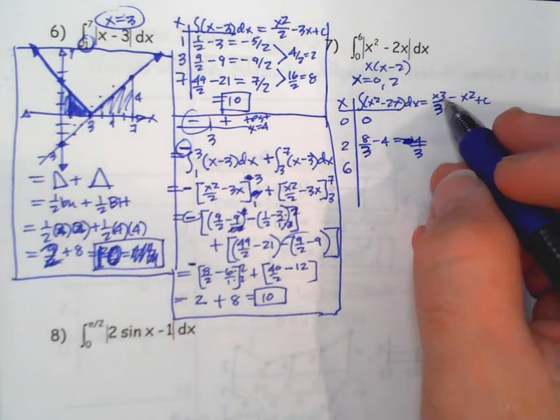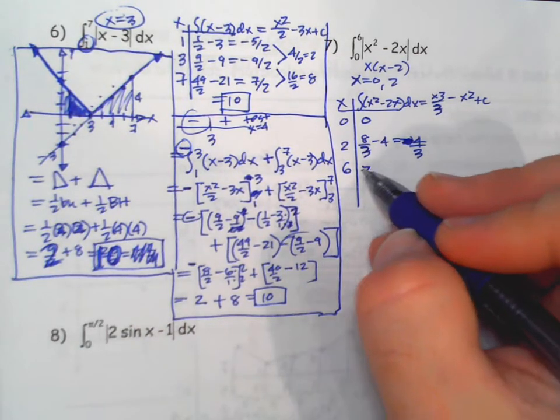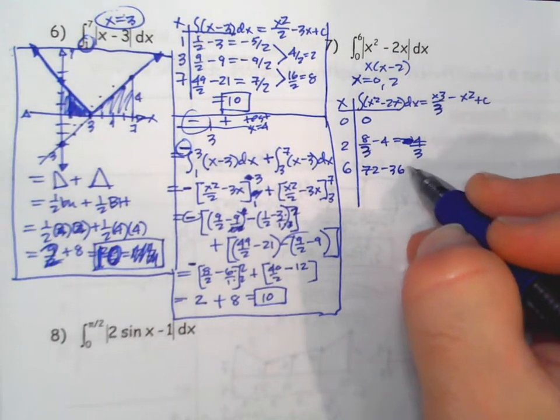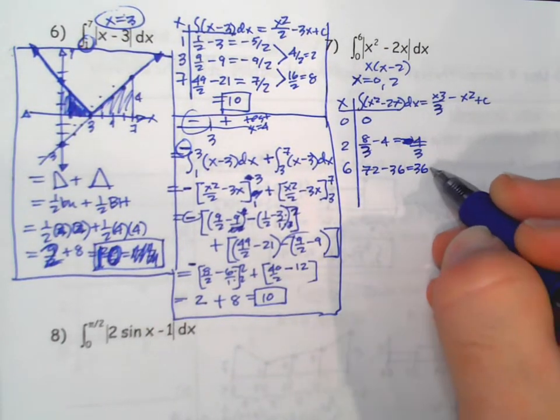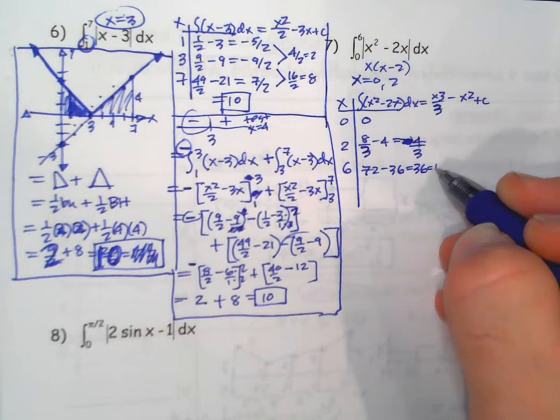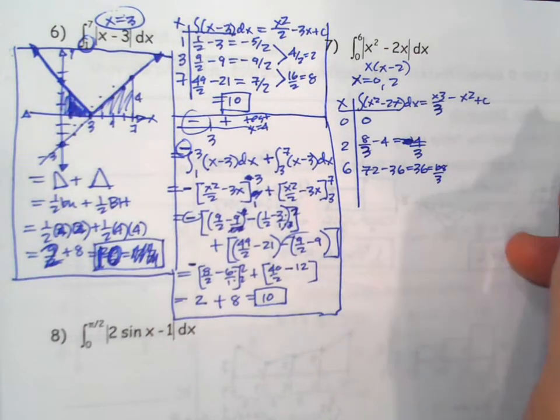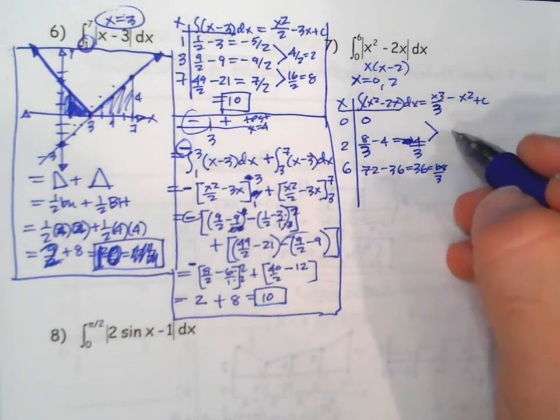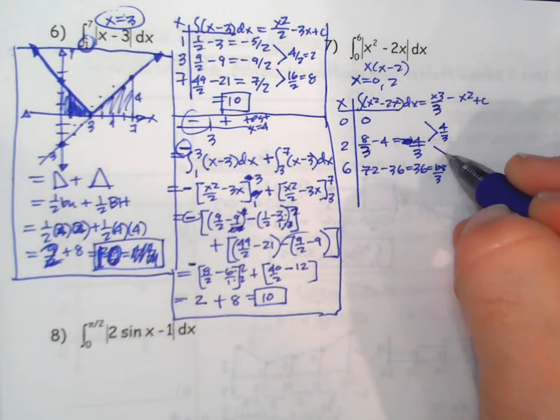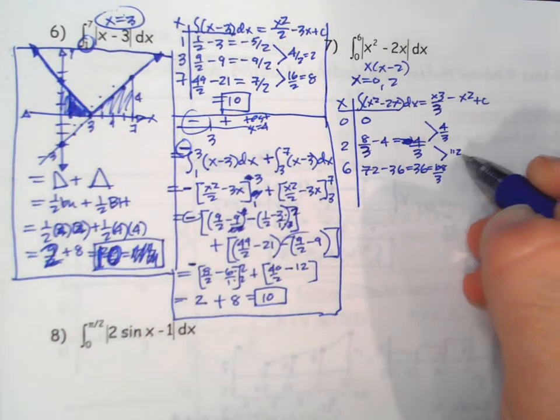6 is going to be 6 times 6 is 36 times another 2 is 72 minus 36 is 36, or 108 thirds if you want to do that. And we're going to find the distance between these, which is 4 thirds, and this would be 112 thirds.